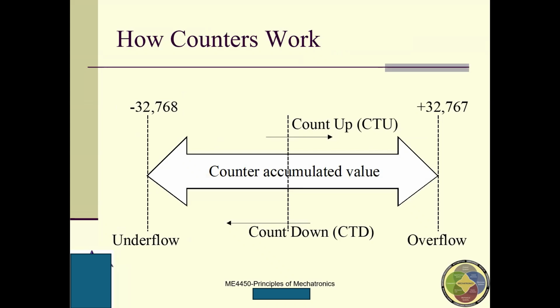So this is how the counter works. One counter has two pins, or terminals, where you can enter the signal. One is counter up and one is counter down. Right? So this is the counter accumulated value. This is the maximum value, beyond this is overflow. This is the minimum value, beyond this line in this direction is underflow.